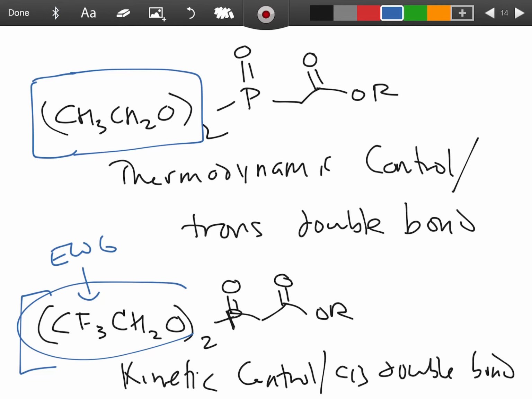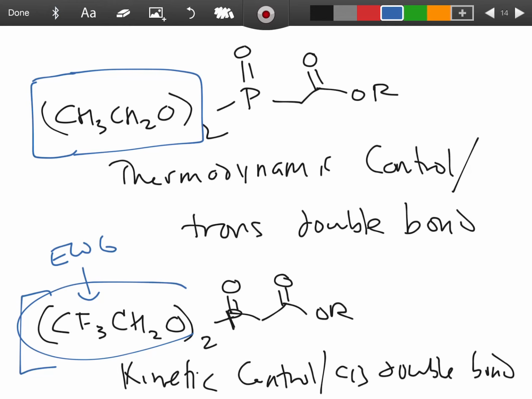It's more reactive that way. When it's more reactive, it's going to react quicker, kinetic control, right? And then making the phosphorus more reactive by adding your CF3 group, so you can force it that way.